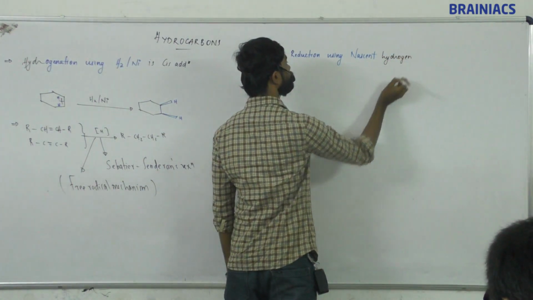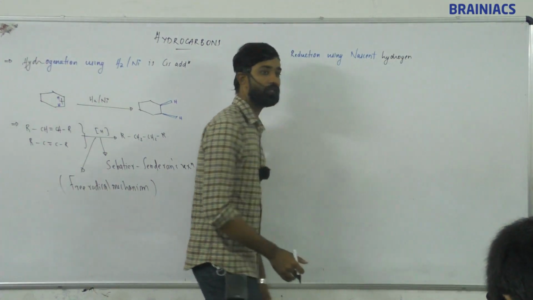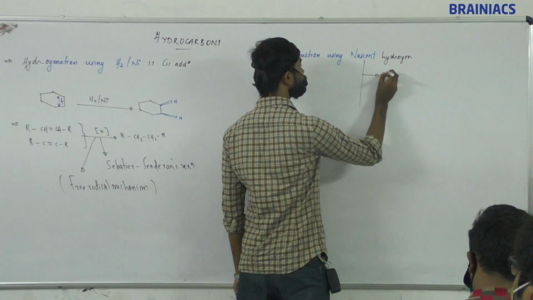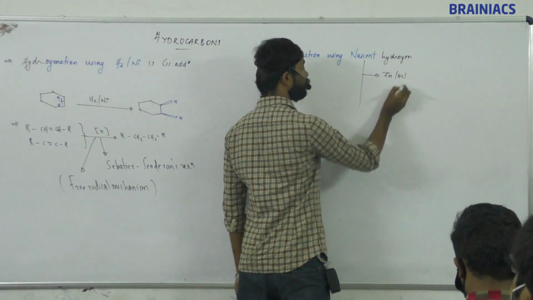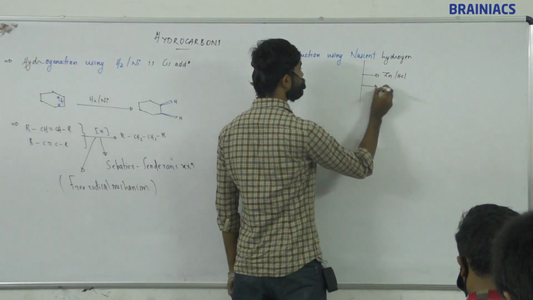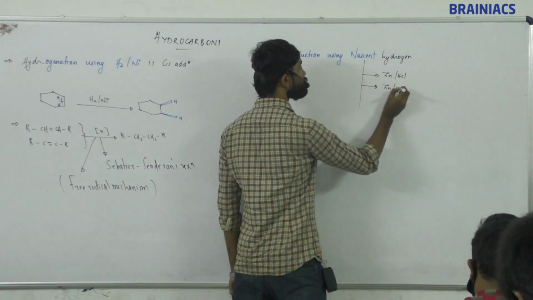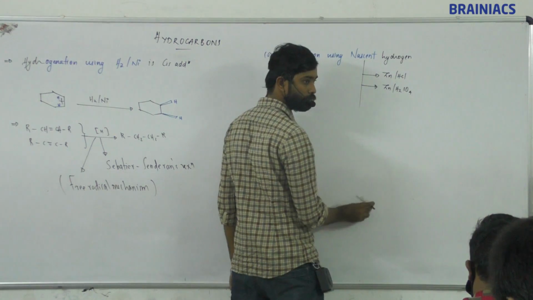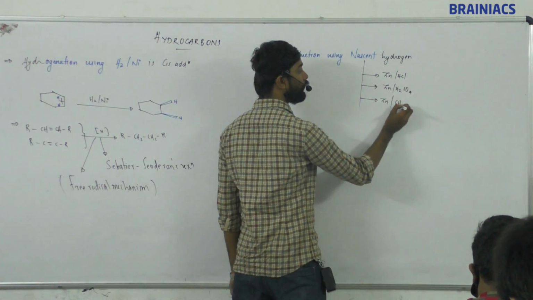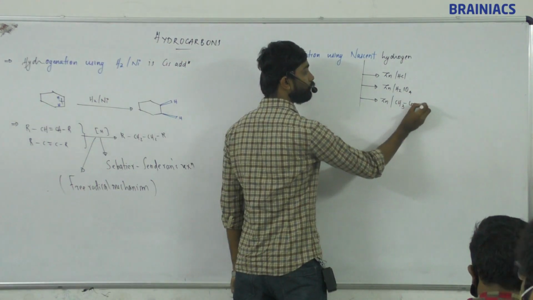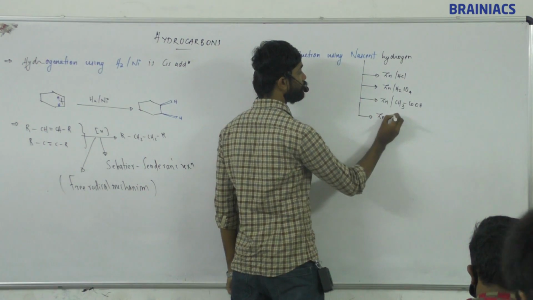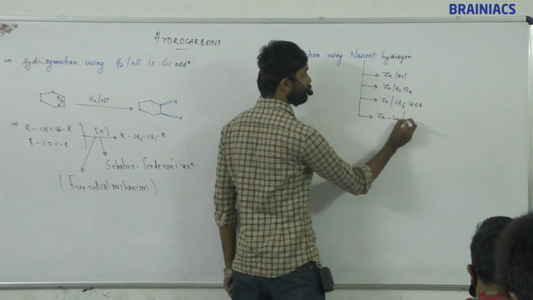Listen. So the agents which can produce nascent hydrogen are: if we have zinc in hydrochloric acid, that forms nascent hydrogen. Or zinc in sulfuric acid is enough. Or zinc in acetic acid is also okay. Ready? Or the couple of zinc with copper in methanol.